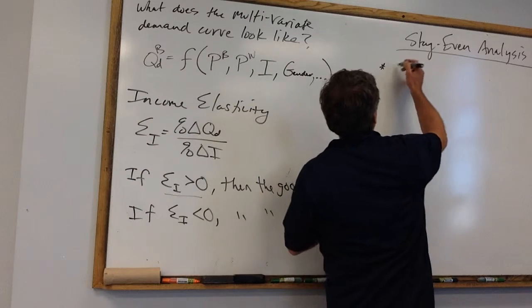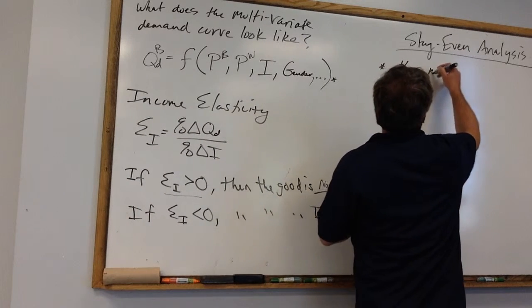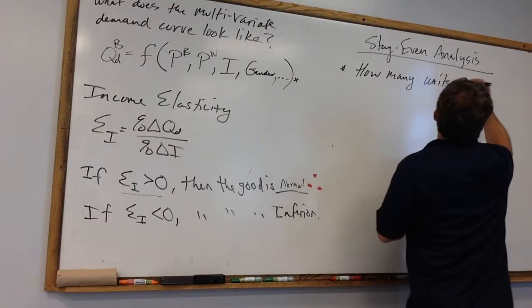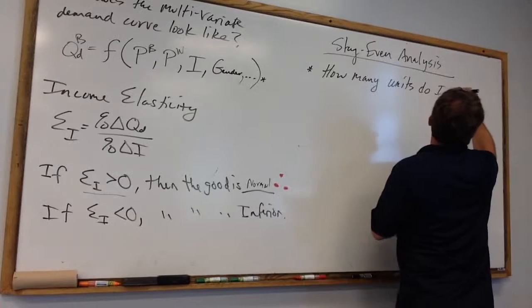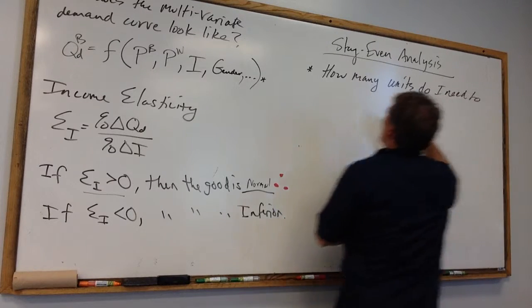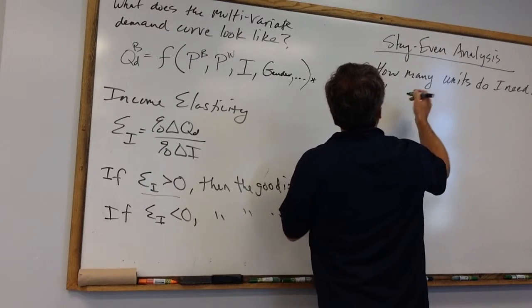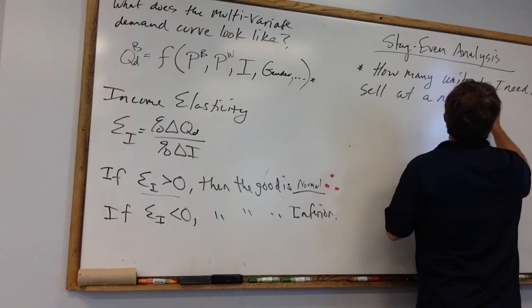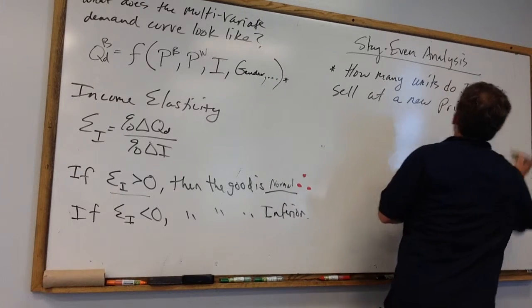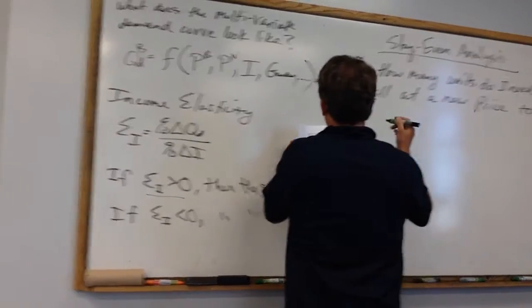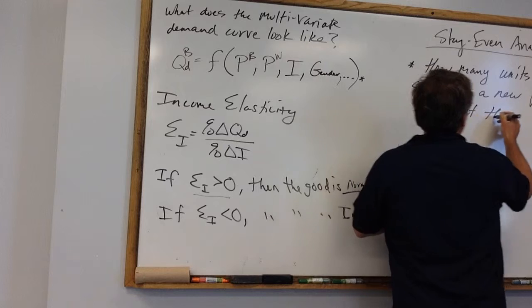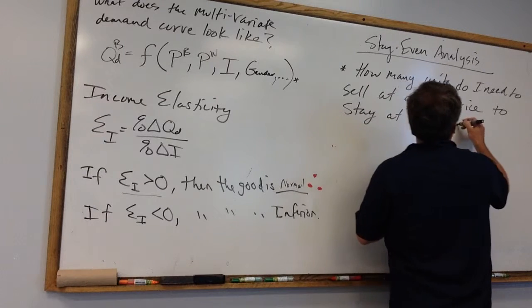So the question it's addressing is, how many units do I need to sell at a new price to stay at the same profit level?